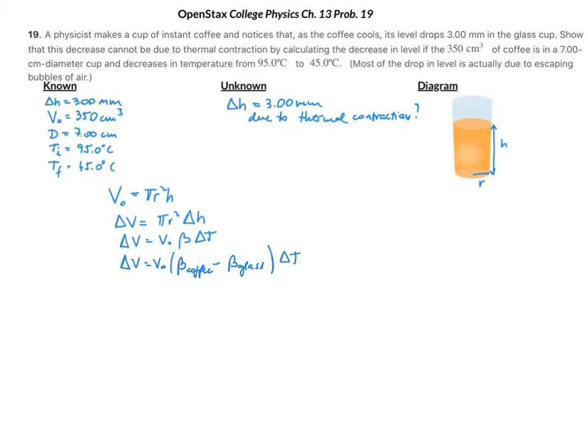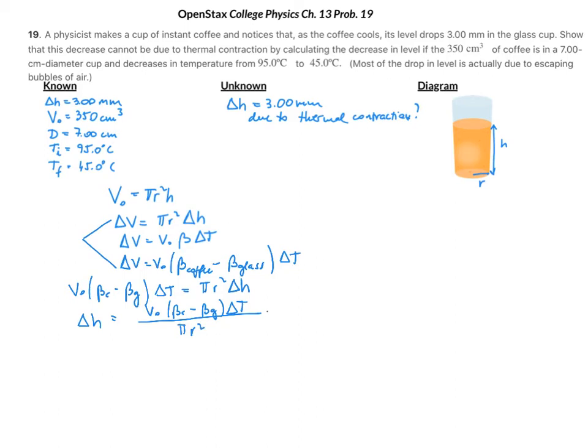So now I can combine this equation with that equation. Both of them are delta V's, the same delta V, so I can set V naught, beta coffee minus beta glass, times delta T equal to pi r squared delta H. And we'll solve for the delta H. So that would be V naught, beta coffee minus beta glass, times delta T divided by pi r squared.